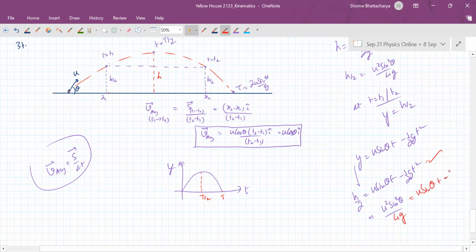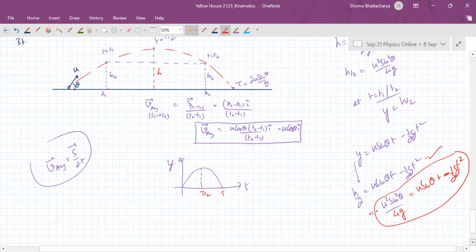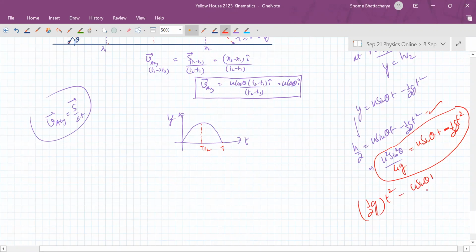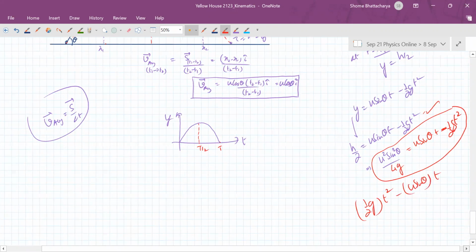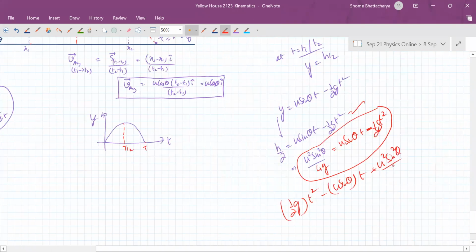Okay. This quadratic equation, the roots of this equation, this is an equation of this type: half g into t square minus u sine theta into t plus u square sine square theta by 4g is equal to 0.